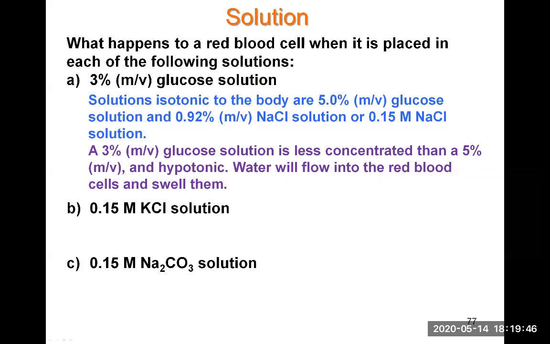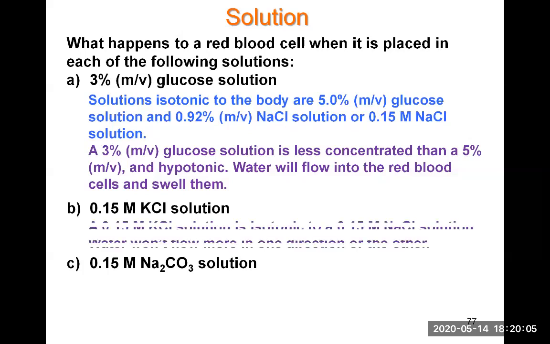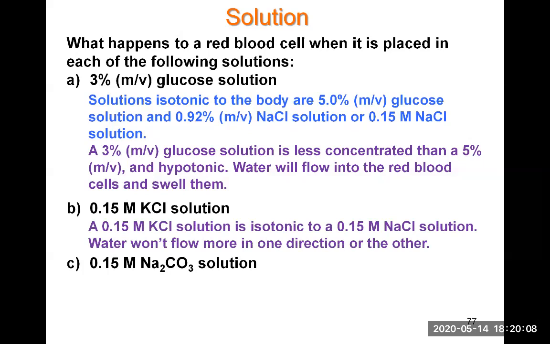So that means these 2 solutions have the same tonicity, if you will. So the 0.15 molar KCl solution is isotonic to the intracellular fluids of the red blood cell. And so if it's isotonic, there will be no movement of water more in one direction than the other. And that means the red blood cell will be healthy in that 0.15 molar KCl solution.